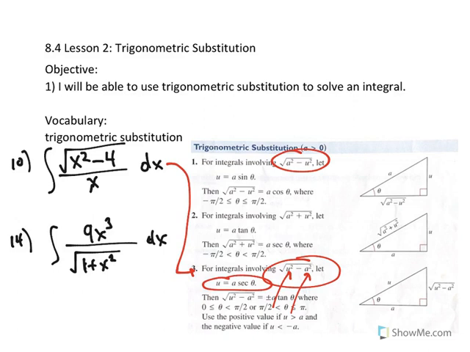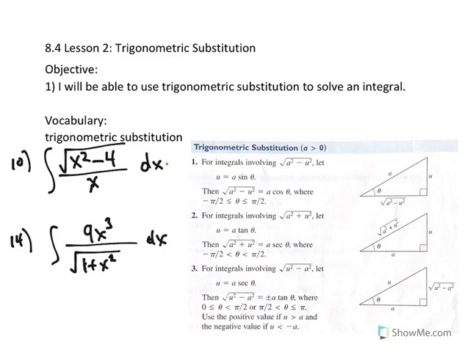And when you look at number 14, again, to know which of these 3 trig substitutions you should use, you're going to look at the radical expression, which is the square root of 1 plus x squared. Of the 3 forms in the trigonometric substitution table, only one of them matches the radical expression from number 14.